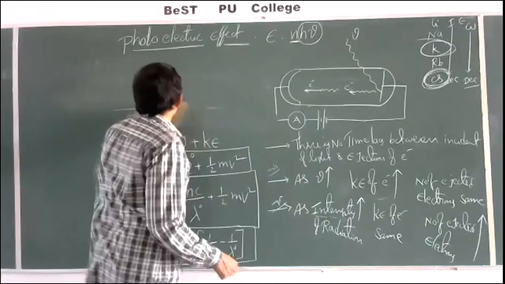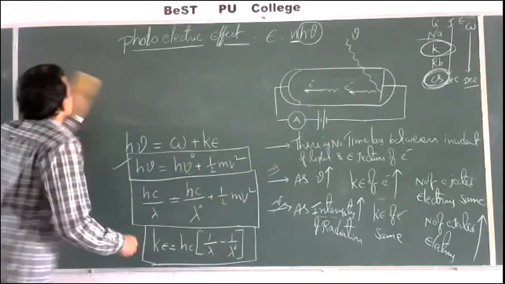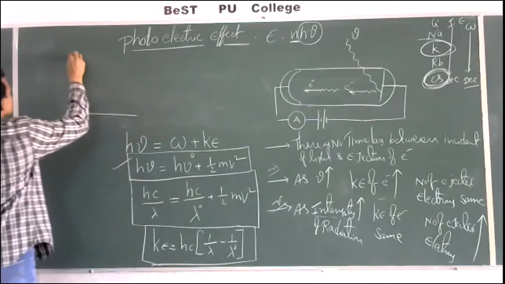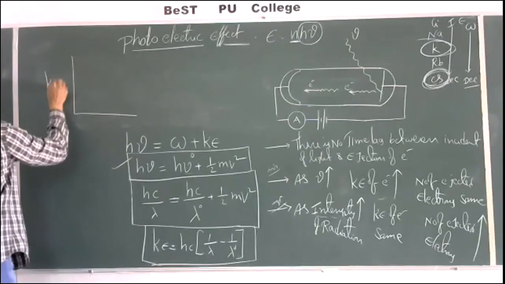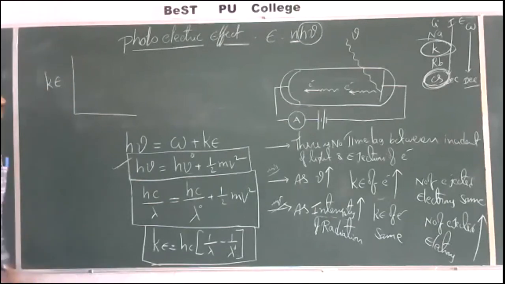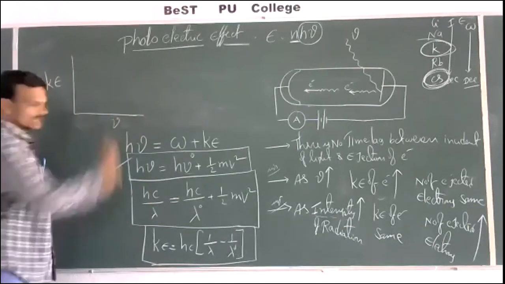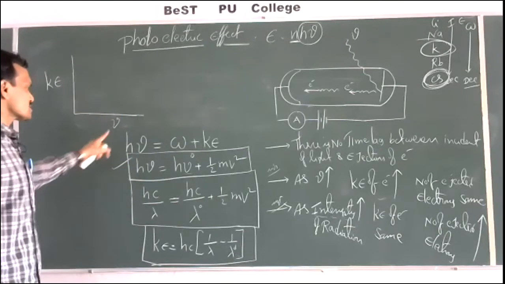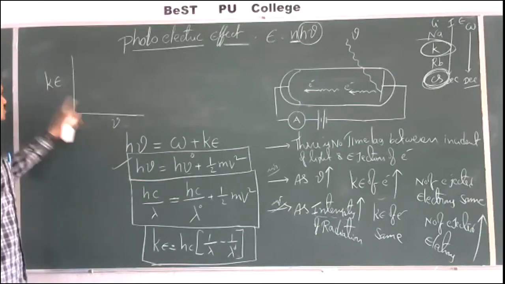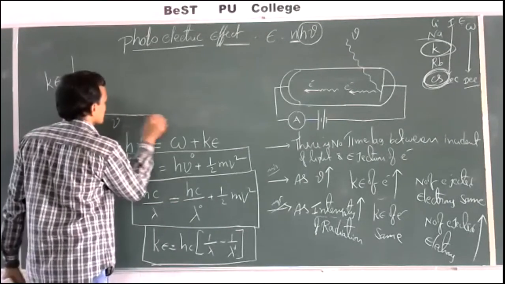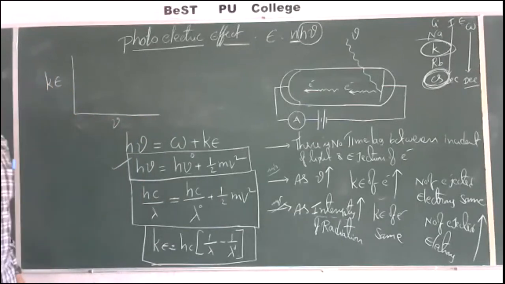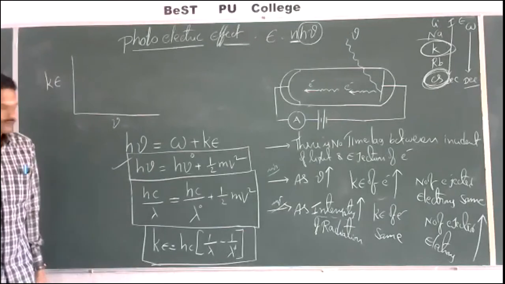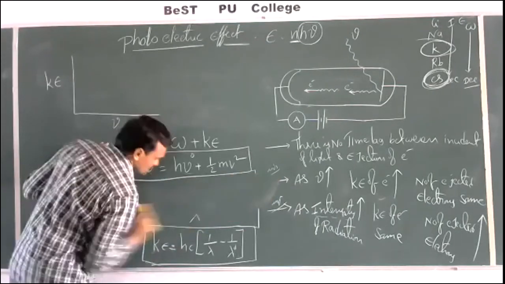Now let us see some graphical representations also. Kinetic energy versus frequency. The kinetic energy of ejected electrons and the frequency of the incident light. Between these two, if you plot a graph. For the ejection of electrons, we require a certain minimum frequency.